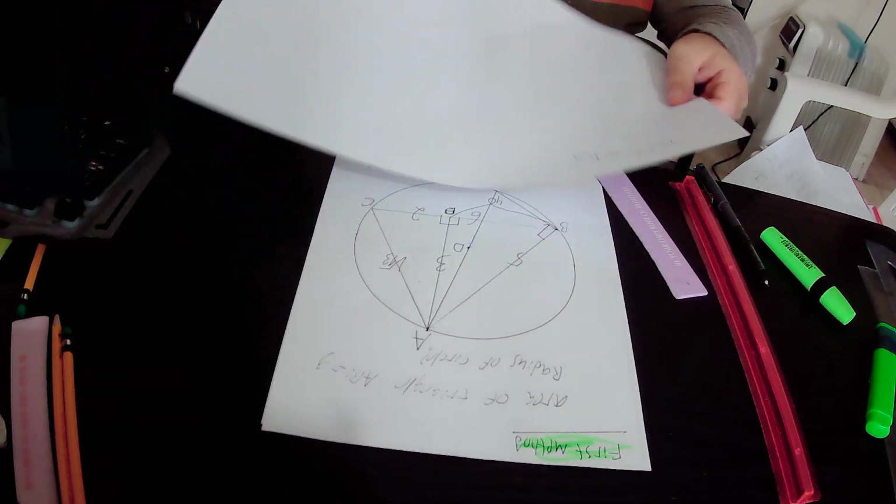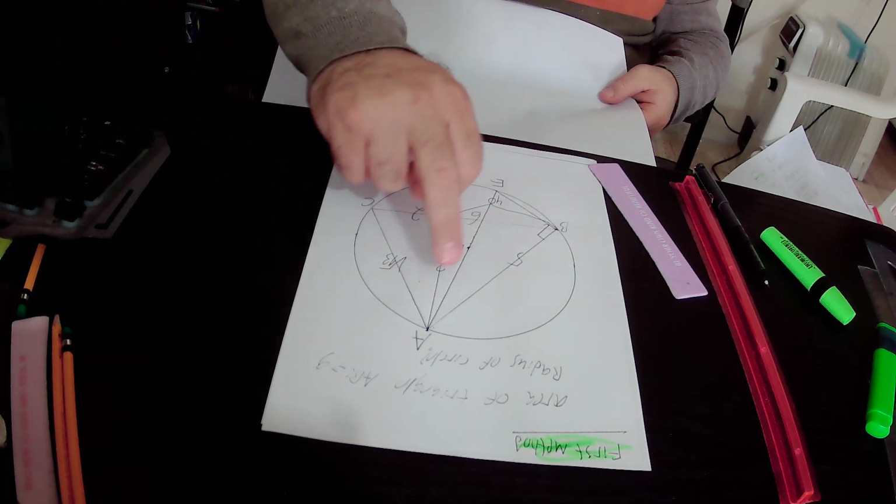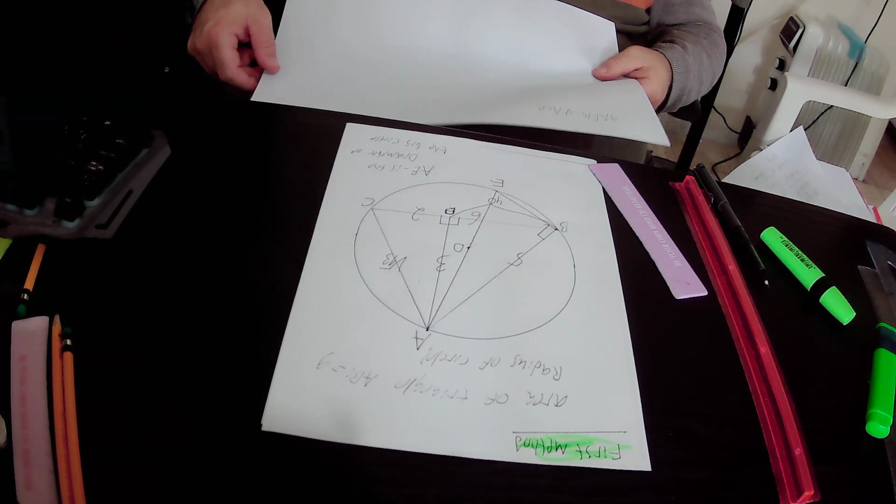Those two peripheral angles, AEB and ACB, rest on the same chord AB, therefore they are equal to each other.